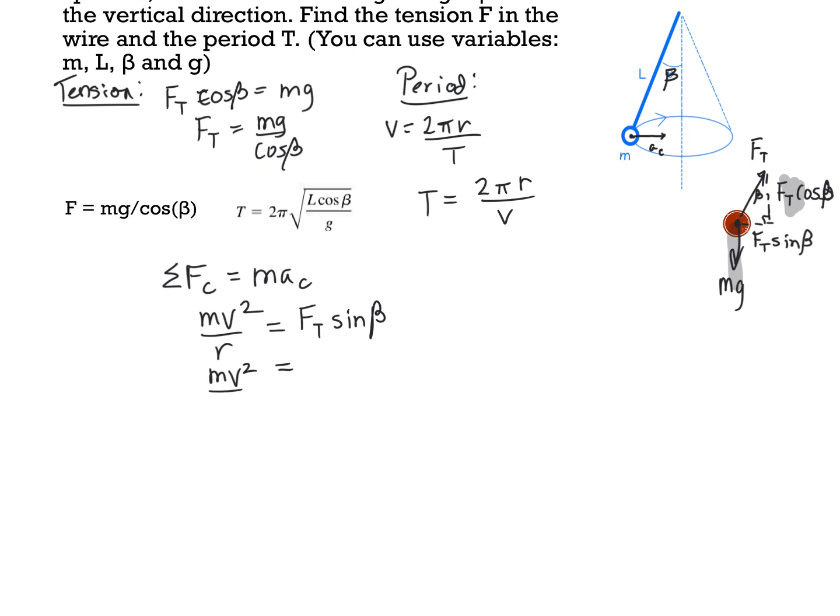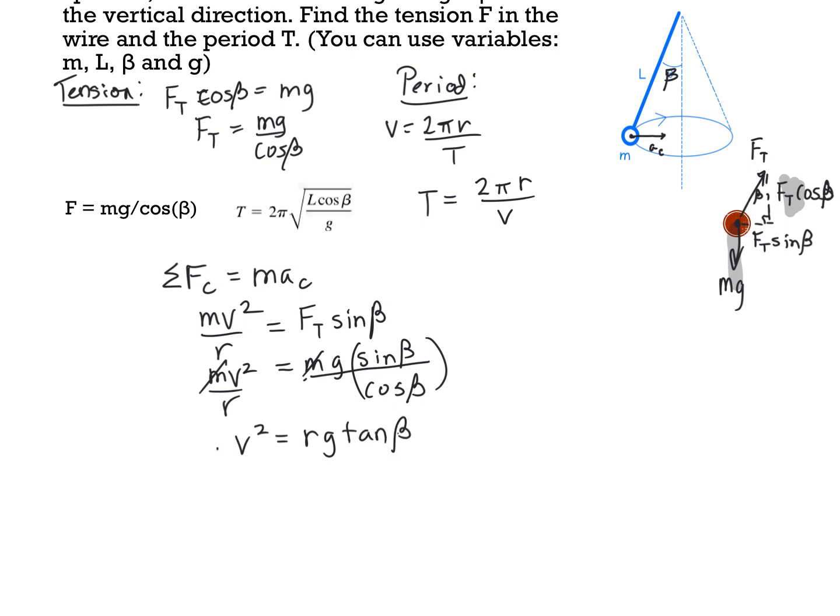mv squared over r is equal to mg sine beta over cosine beta, because that's mg cosine beta. I put it that way because I want to put this together. M goes away, so we're left with v squared equaling rg tan beta.